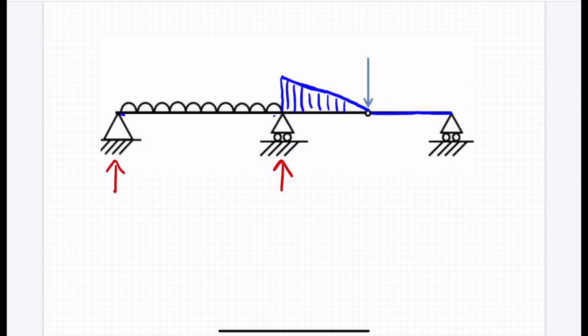If we try to draw the deflected shape, it will try to do that. So the bending moment has to be parabolic and on the bottom side of the beam, with an upwards general trend due to that reaction force. So that is going to go like that, up. There'll be tension there, but also that will be hogging at the central support. And that is our bending moment diagram. That is our answer.